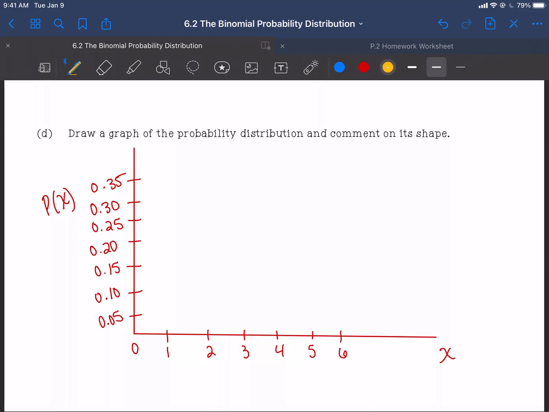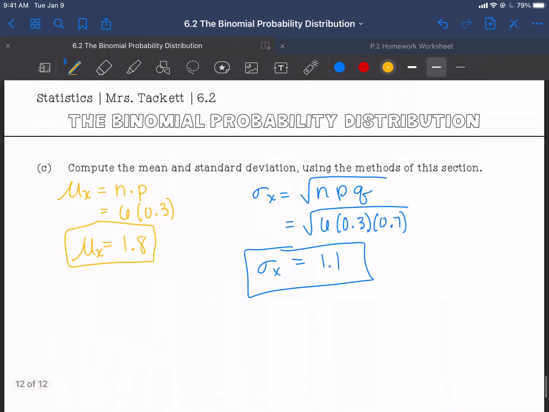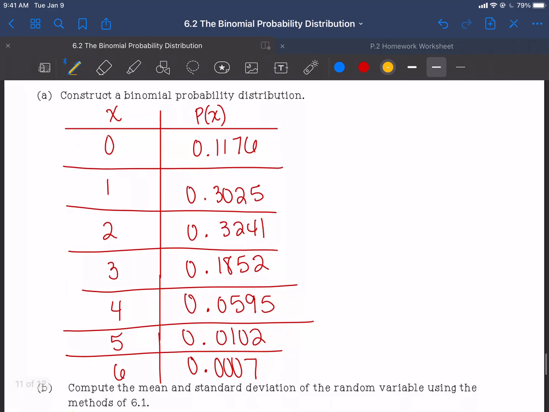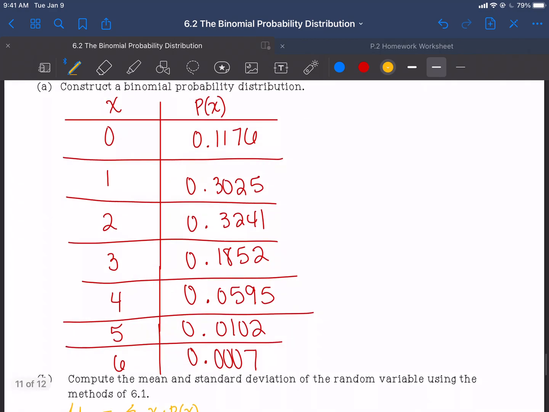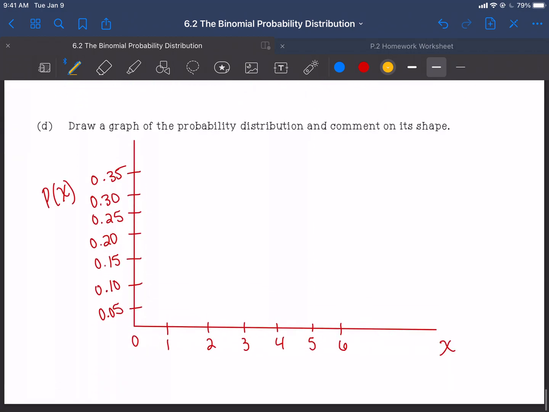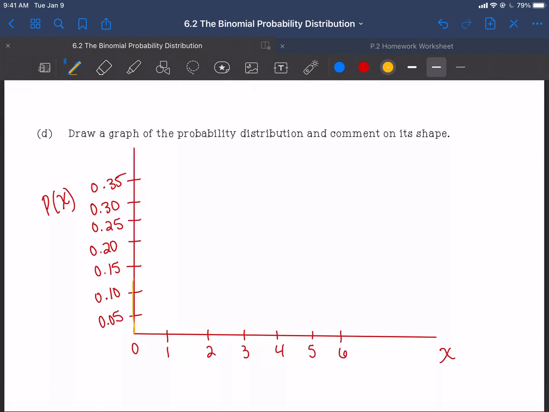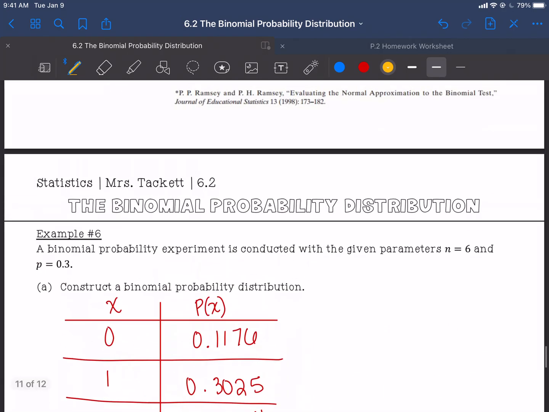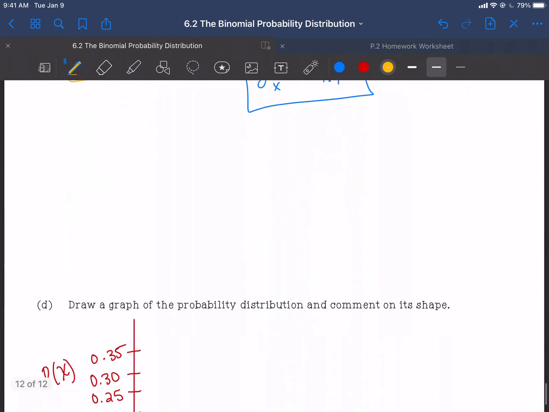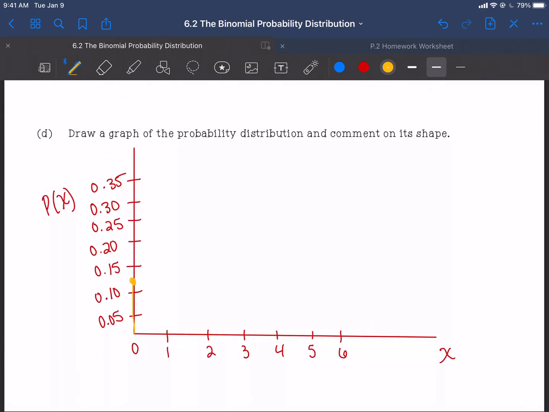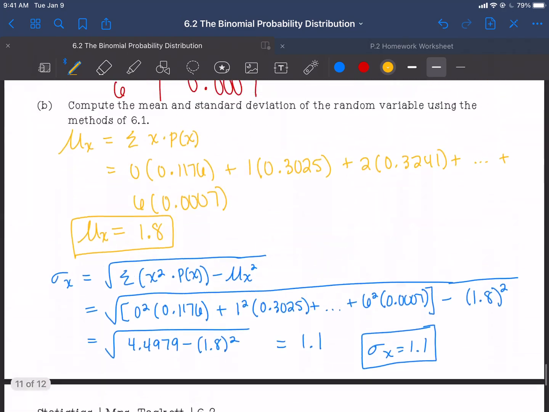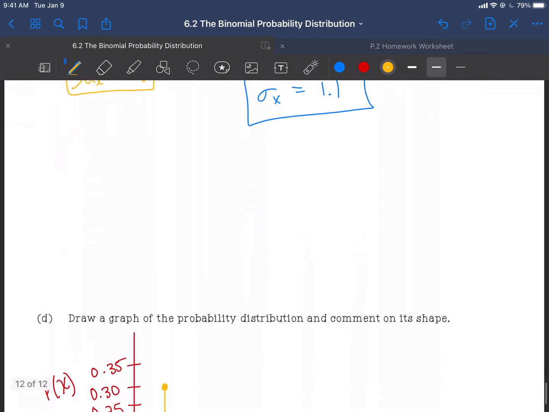So the probability that x was 0, if we go back and look at our table, was 0.1176, so we'll go 0.12. So maybe like here. X being 1, the probability was 0.30. For 2, it was 0.32.